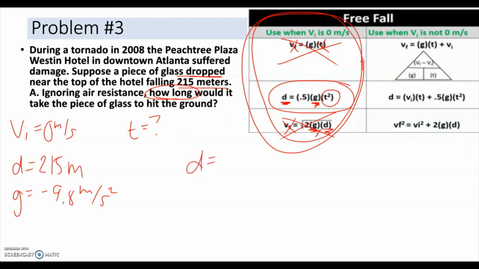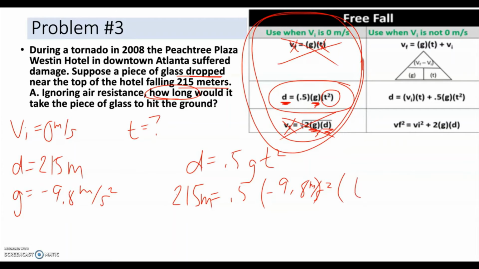So plugging into our original equation, the distance equals 0.5 times gravity times the time squared. So we're plugging in our distance to be 215 meters equals 0.5 times the negative 9.8 meters per second squared times the time, which we are looking for, and the time is squared.